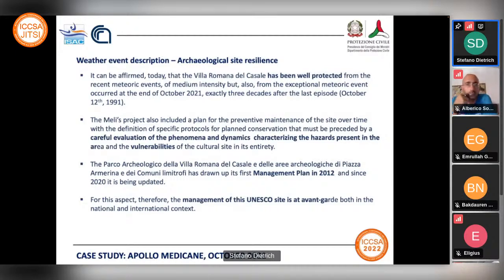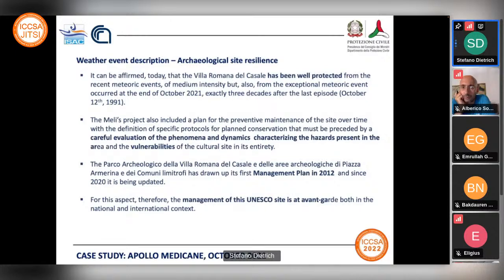The MELIS project also envisaged a preventive maintenance plan for the site over time, with the definition of specific conservation program protocols that must be preceded by a careful assessment of the phenomena and dynamics that characterize the danger of the area and the vulnerability of the cultural site as a whole.